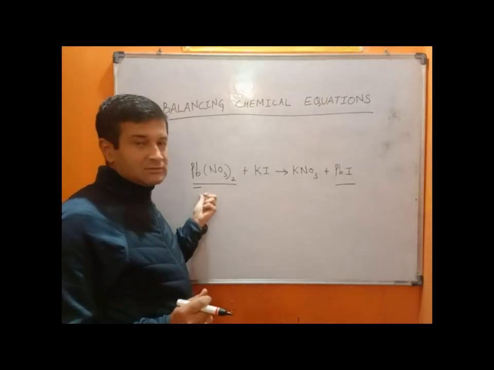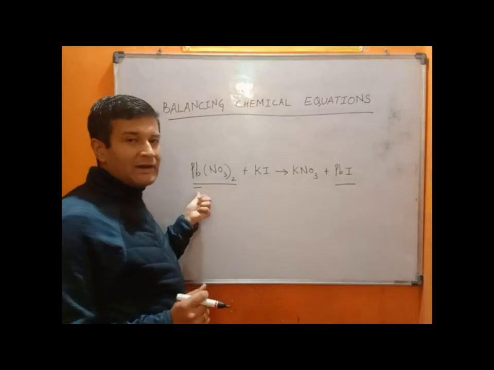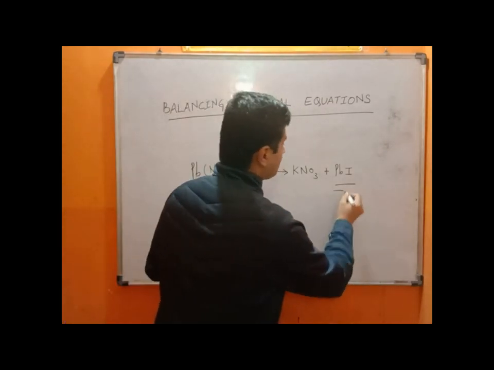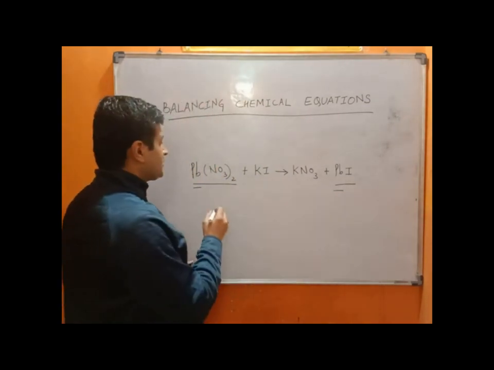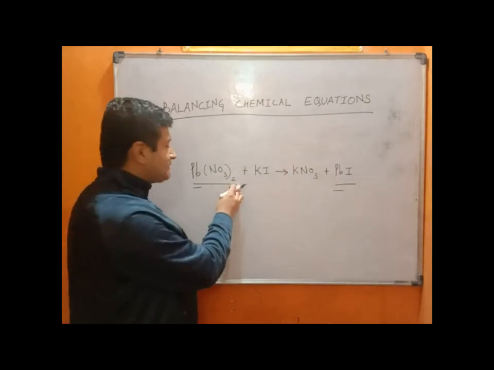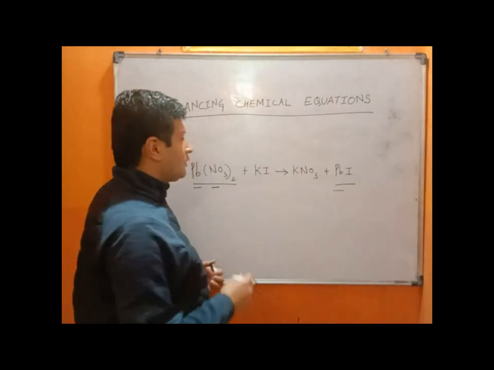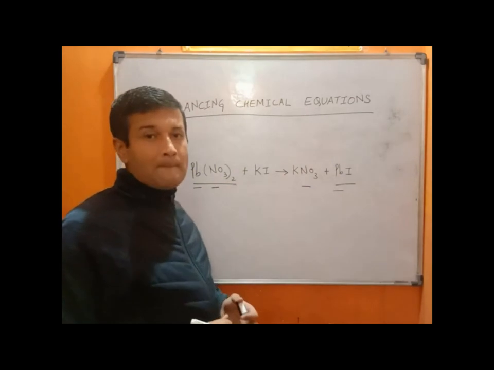We have one atom of lead, and on the product side we have one. It is balanced. Next you have NO3 twice, so that means you have two nitrogen atoms. Over here you have 1, so it is not balanced.